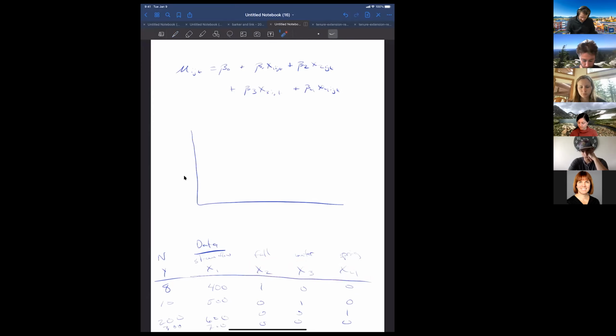All right. So when we look at the first one, we plug all of this information into our model. For observation 1, we get beta 0 plus beta 1 times 400 plus beta 2 times 1 plus beta 3 times 0 plus beta 4 times 0.